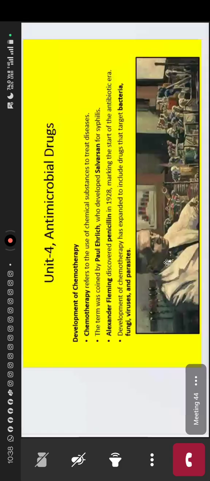Alexander Fleming discovered the era of antibiotics. He did a lot of research in the field of chemotherapy and developed many more antibiotics, and from there the chemotherapy era got started, and researchers and scientists started working towards the development of antimicrobials, right?